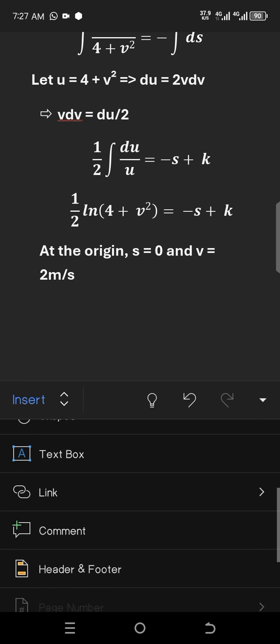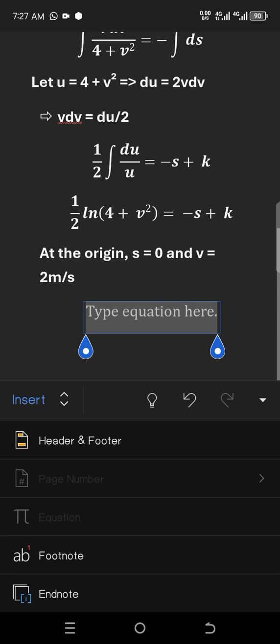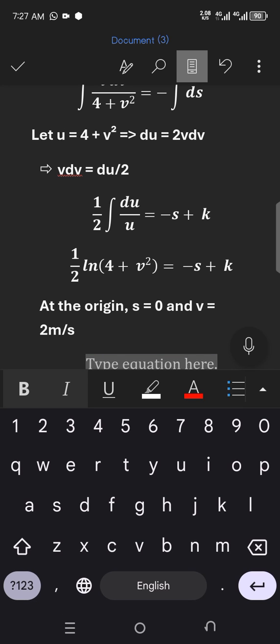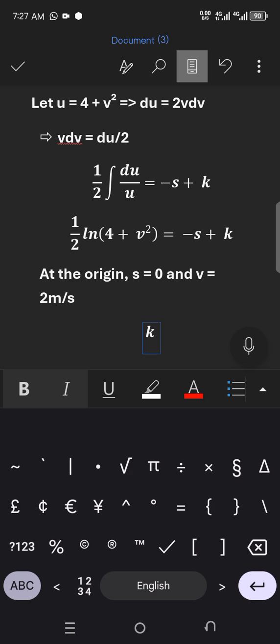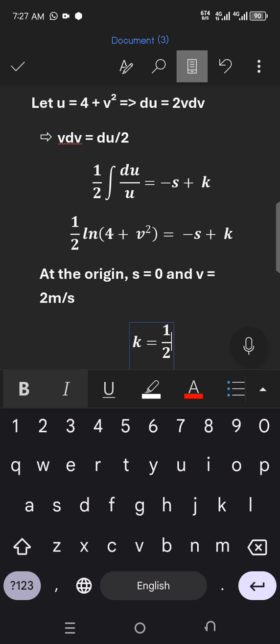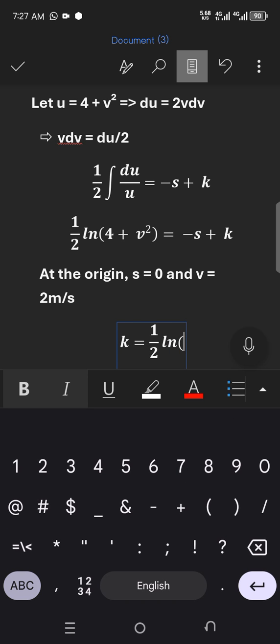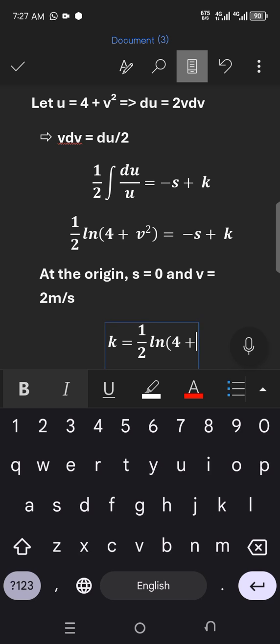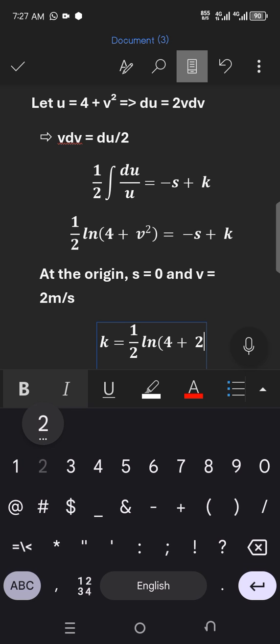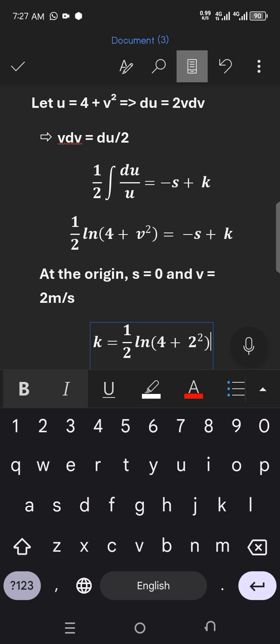You realize that from where we have, our k will just be equal to half the ln of 4 plus 2 squared, because I'm replacing my v with 2.